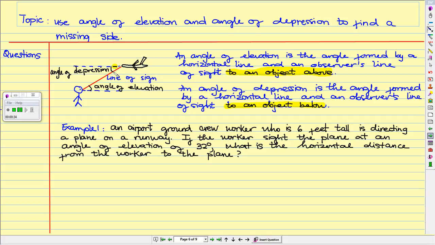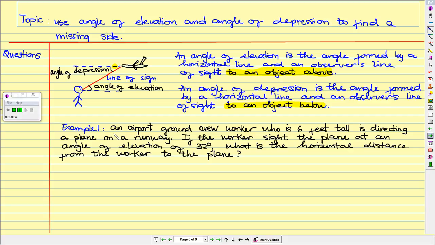Next, the angle of depression is the angle formed by, again, a horizontal line and the line of sight, and this line is from the pilot looking down toward the ground crew. So if the pilot looks down, that angle will be the angle of depression.